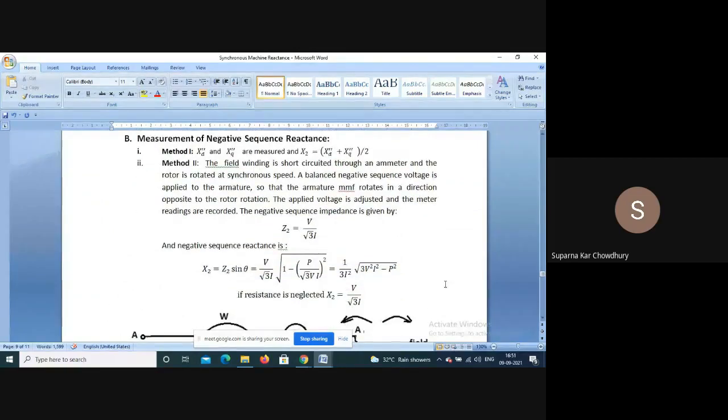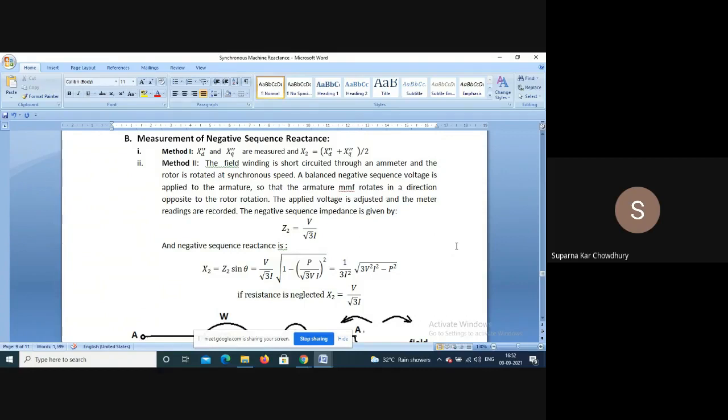Negative sequence reactance, one of the methods, is taken as the average of these two, or there can be other methods also. The field winding is short circuited through an ammeter and the rotor is rotated at synchronous speed. From the definition of negative sequence, reduced voltage is applied to the armature terminals so that the armature MMF rotates in a direction opposite to the rotor.